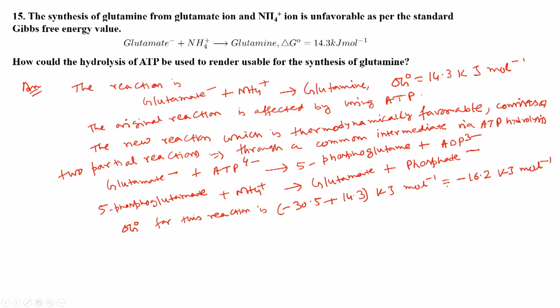Since the value is negative here, this is thermodynamically favorable. So, for the first reaction the value of delta G naught is minus 30.5, and for the second reaction it is 14.3. So, basically it gives you this thermodynamically favorable.